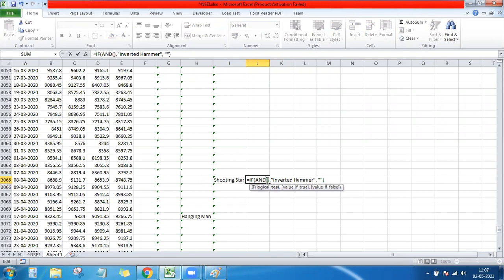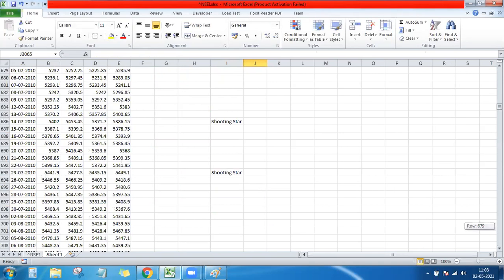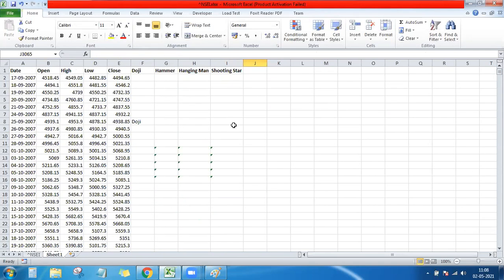Now here, within the and, you'll have three logics. So first logic is the upper shadow and the lower shadow comparison. Okay, we should start it from the top, from here.